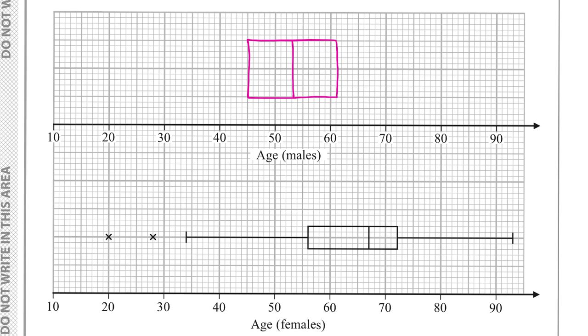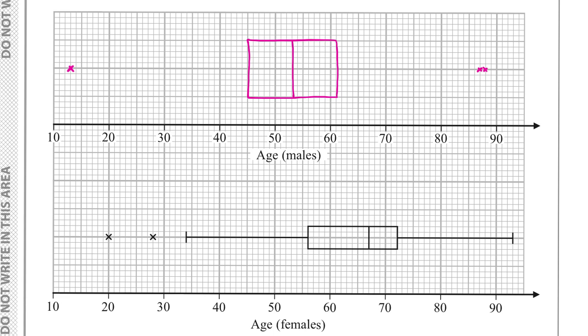Now, do you remember what our outliers were? 13, 88, and 87. So can you see from my outliers, I've drawn these lovely little crosses. Now, from the stem and leaf, what was the lowest number after 13? The next one, 27.